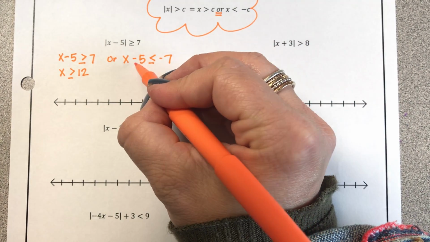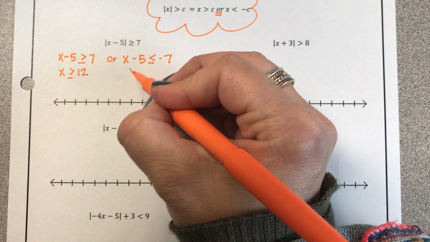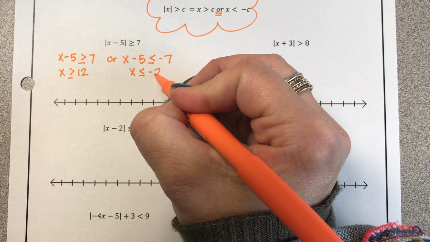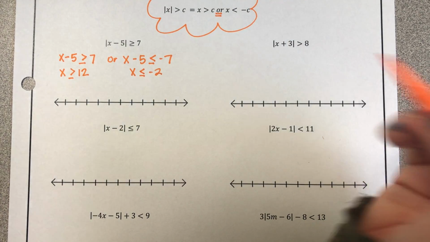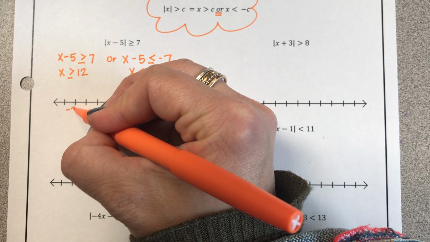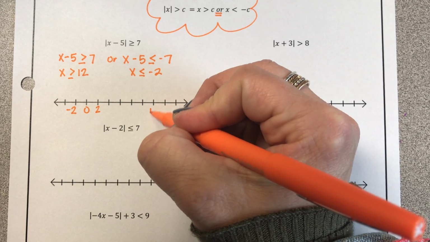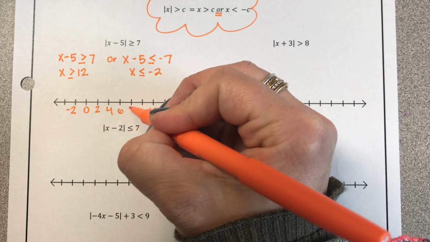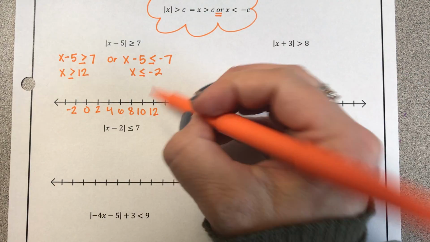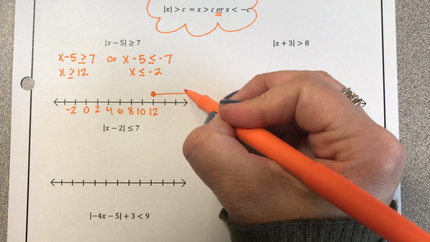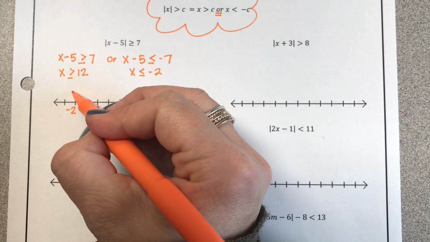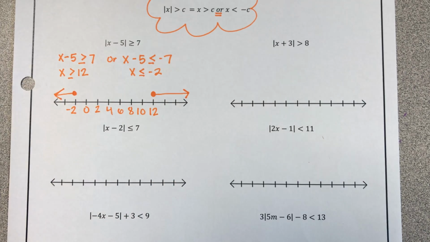And over here, I'm going to add 5 to get x is less than or equal to negative 2. So I'm going to do negative 2, 0, 2, 4, 6, 8, 10, 12. If I was going to graph it, my x would have to be anything greater than or equal to 12 or anything less than or equal to negative 2.